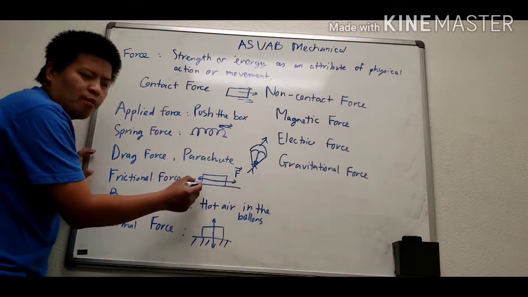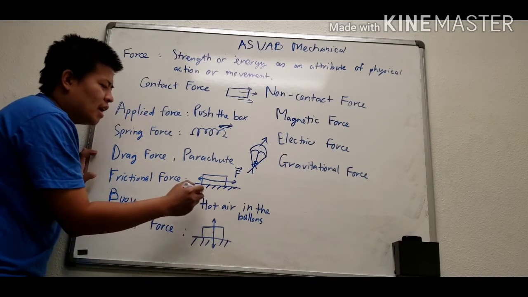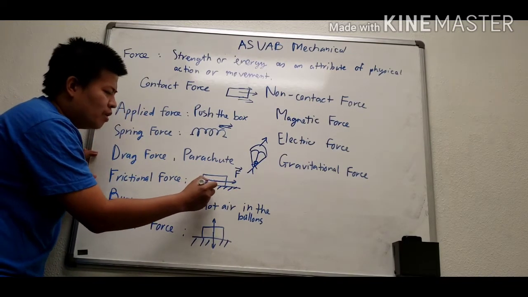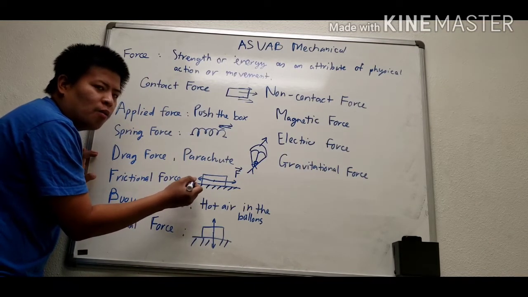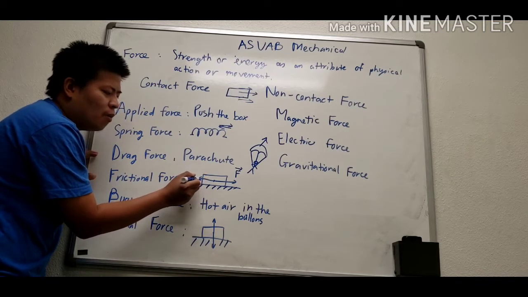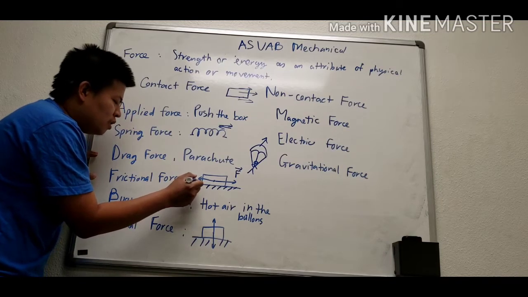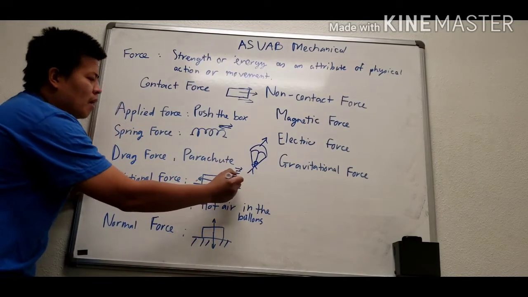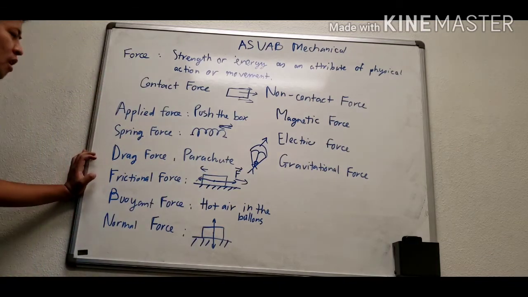This means we push on the ground and it creates friction with the ground, so it is opposite to the direction of the movement and the force. That's frictional force. This is the movement, and this is the opposite side of the movement.